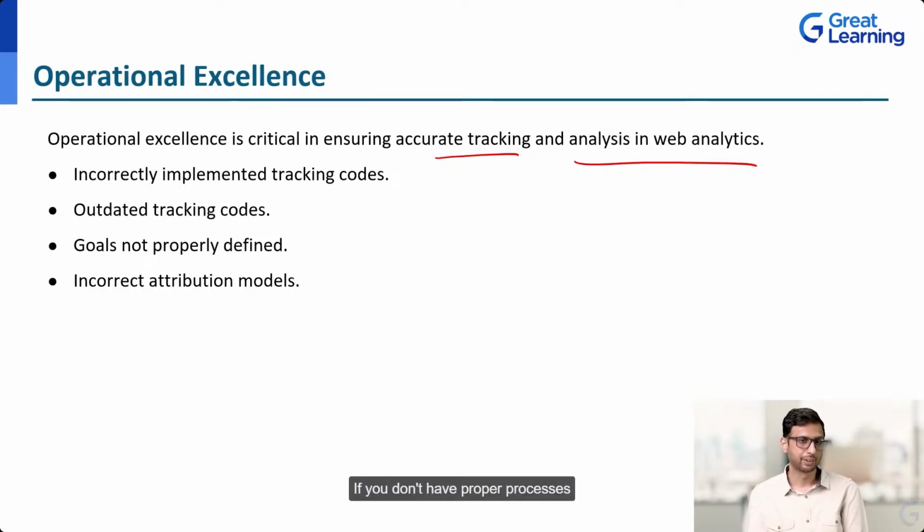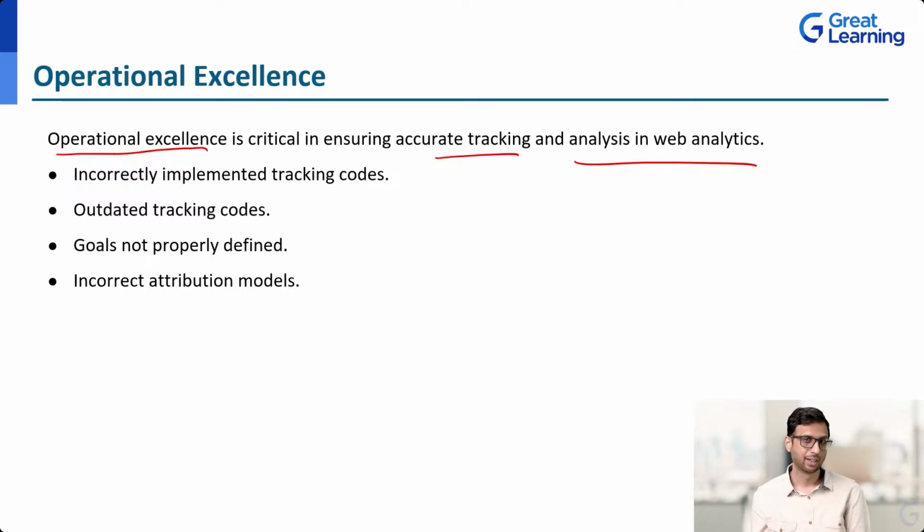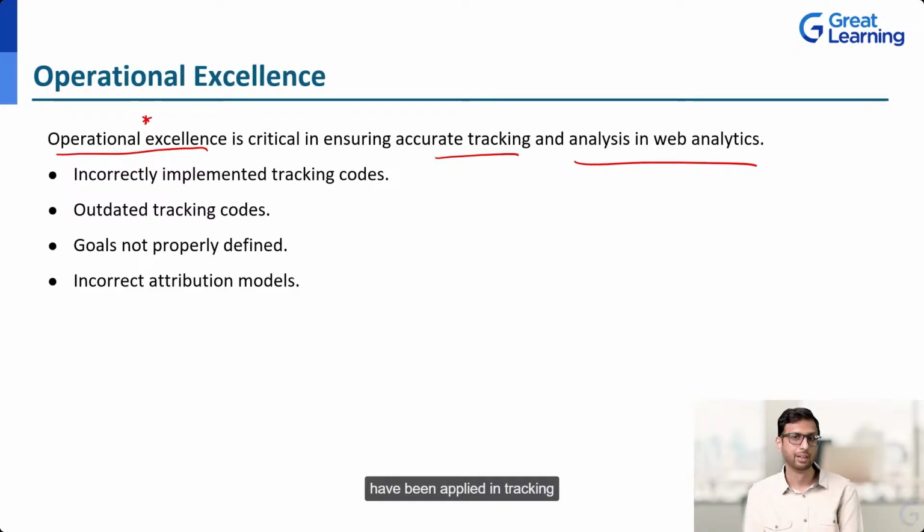If you don't have proper processes in place which ensure that the operational excellence that is otherwise followed in other business processes is also translated and used in this whole process of web analytics, then this will show up as incorrect findings, insights that don't make sense, analysis which doesn't lead to decisions, and all of this is rooted in whether the principles of operational excellence have been applied in tracking and analysis of the data that comes out of the tracking in web analytics.